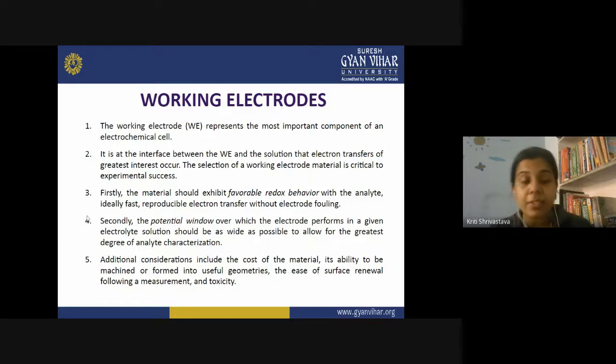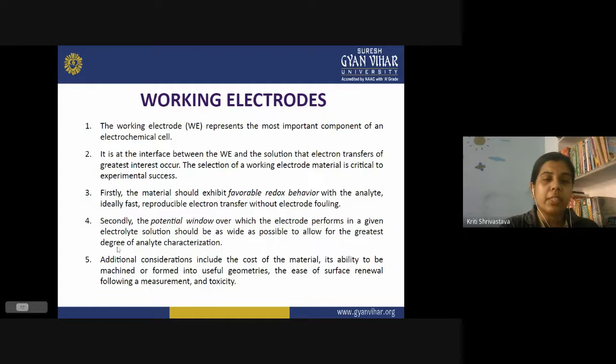Ideally fast, reproducible electron transfer without electrode fouling. So this electron transfer which is going to take place on the electrode surface should take place at a very high rate, fast, and it should be reproducible, and it should not harm the electrode.